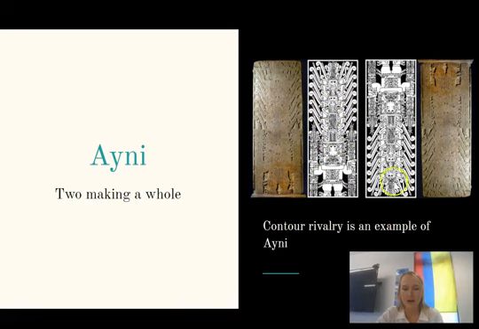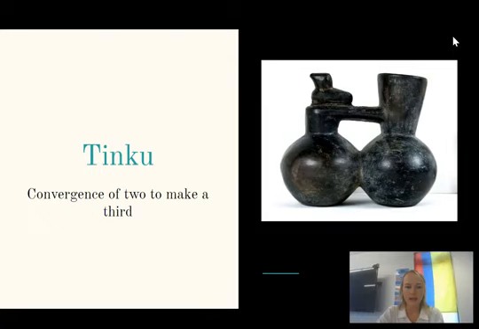But if you flip it upside down, it looks like this crocodile monster, and this headdress becomes its face. So we'll see contour rivalry as an expression of ayni, where you have two different aspects, but when you view them a certain way, it looks like one. You view it another way, it looks like another. So that two making a whole is ayni.